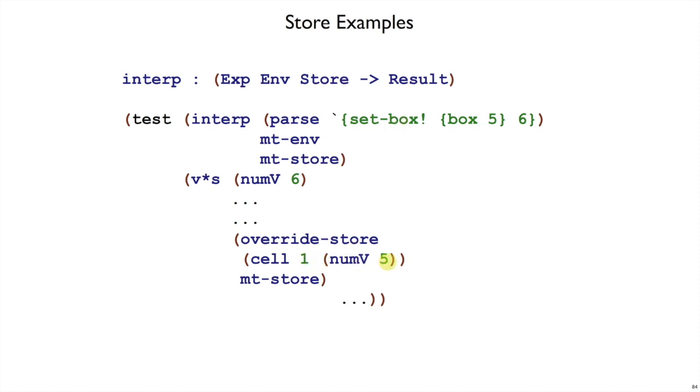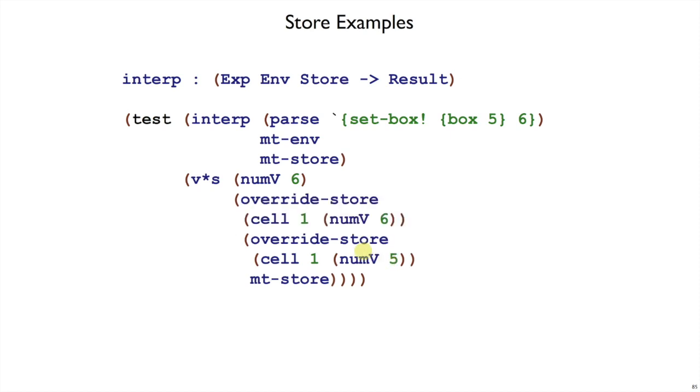But the way we're going to represent stores right now is we'll actually represent the entire history of memory. So we started out with the empty store, we mapped 1 to 5, and the job of setbox is to change the mapping at location 1 to 6. And we do that by just wrapping another override store around it. When we're looking for the value of a box, when we're doing an unbox, as long as we start from the beginning and find the first mapping for a location, we'll get the most recent one, which is the right one, just like happens with environments. So that's a complete example for our new interpreter for setbox.